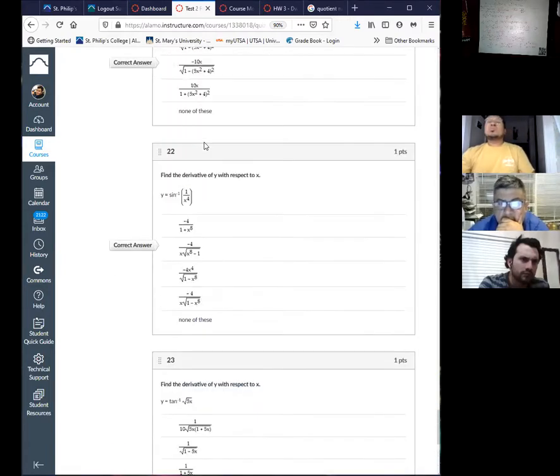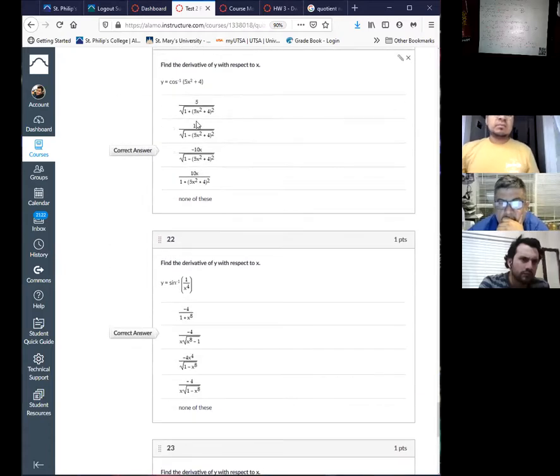21, 22, 23 are all about inverse trig. So notice how we have the outer function, cosine inverse, and an inner function. You apply the formula for inverse, but then the inside has to go where the argument goes. See how all the arguments have that inside?